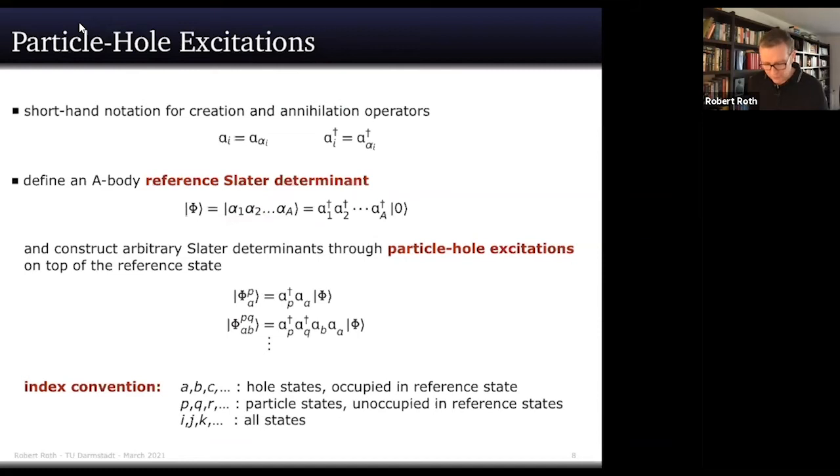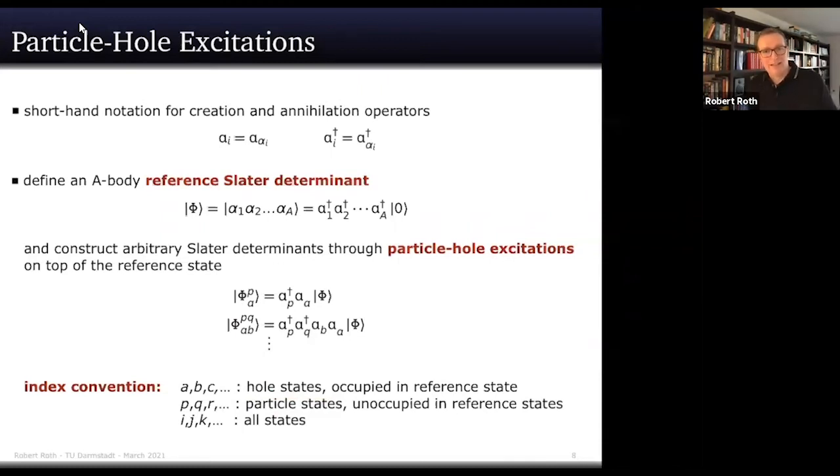Whenever one of these indices refers to a state which is already occupied in your reference determinant, then this state gets indices a, b, or c, and it gets the name hole states, which I find terribly confusing, but which is standard terminology in our field.